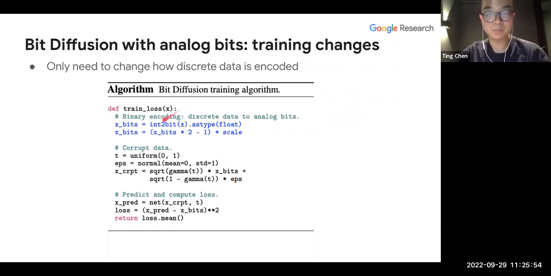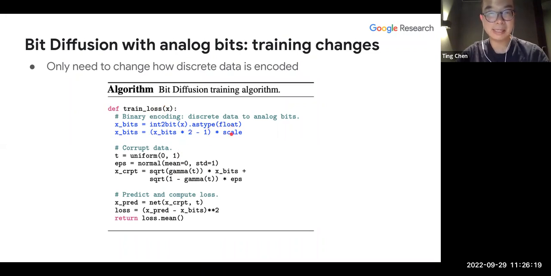Okay. Now, how does it work in practice? If you have a diffusion model for continuous data and you suddenly want to do discrete data modeling with it, these are two lines of code that you add to the original diffusion model. At the beginning, when you have discrete data, you just turn it into bits, and then you cast it as floating point numbers.